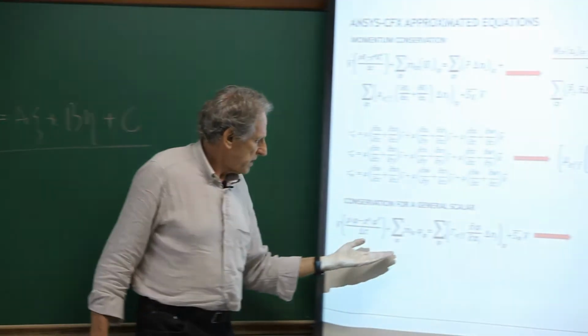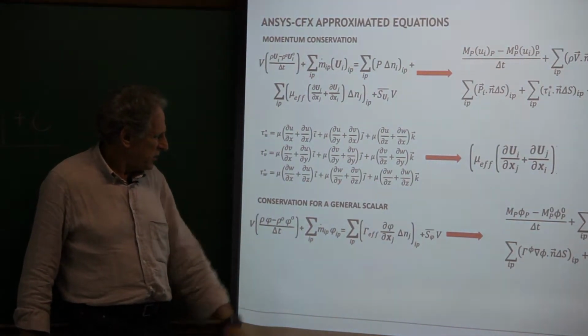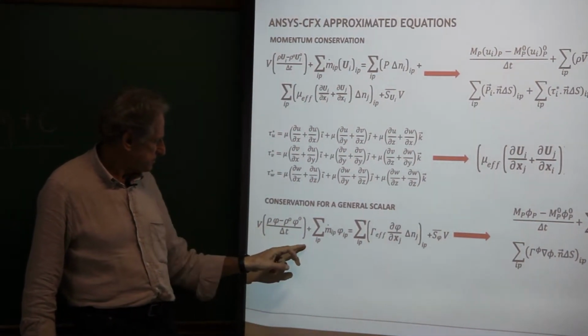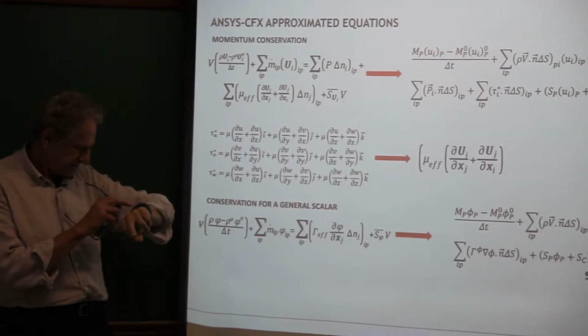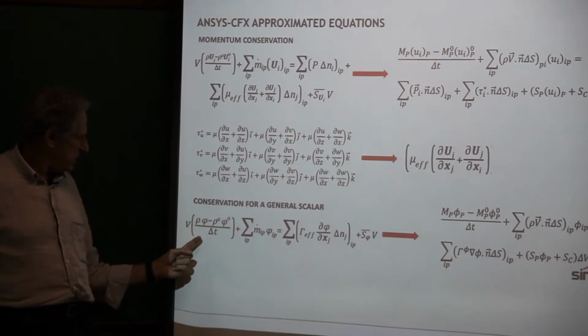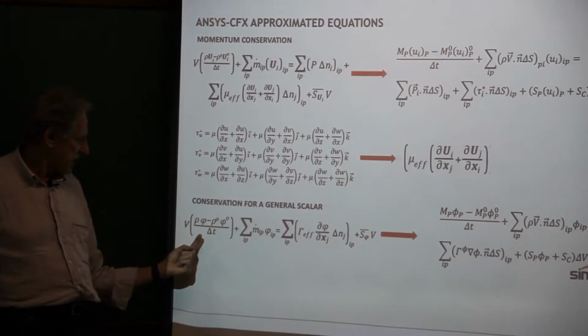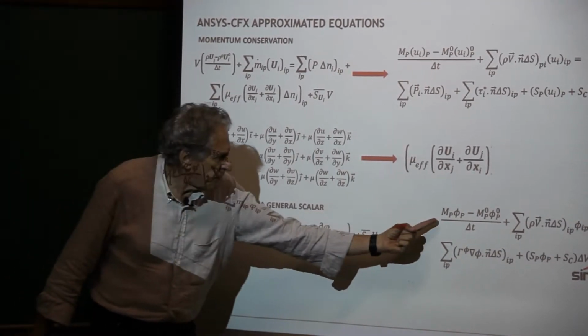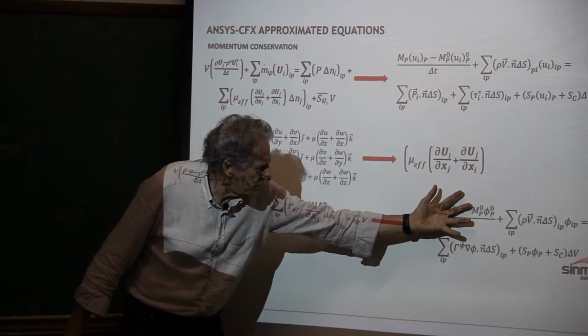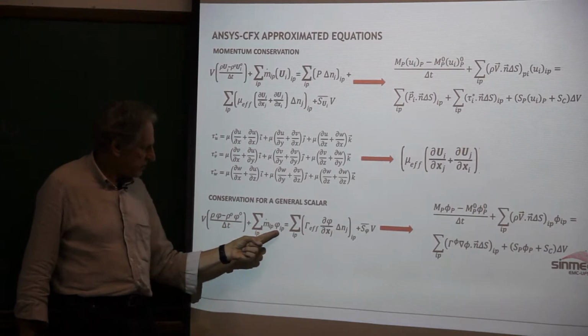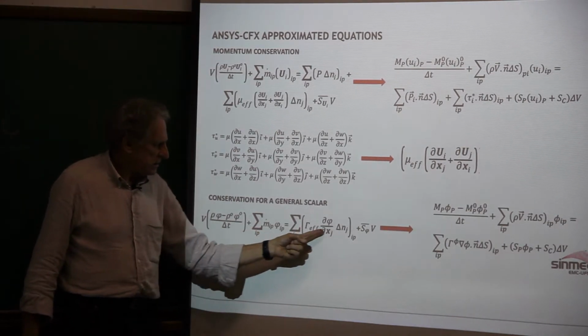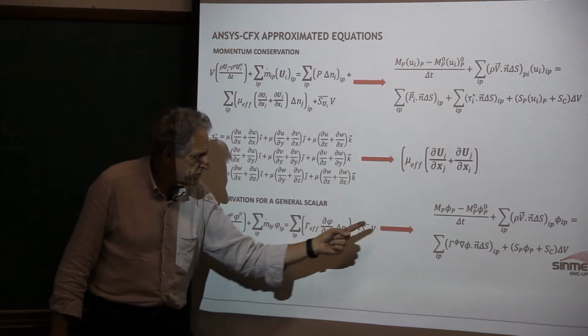For a general scalar, it is the same. It is m dot, the flow rate, times phi, and the same diffusion terms.